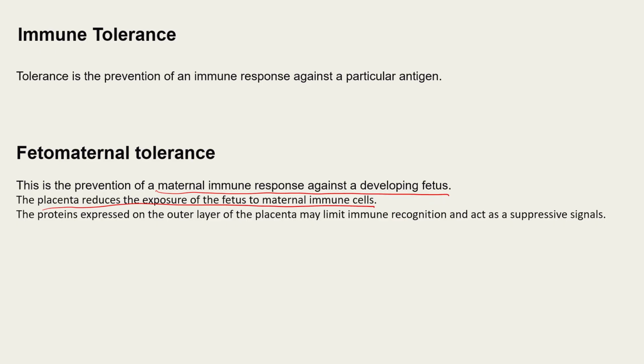Again, the proteins expressed on the outer layer of the placenta may limit recognition and act as a suppressive signal for the fetus to survive there. So what we understood here is, since the birth of a child is a synchronous process, and initially the fetus needs to survive, we really want the uterine system to be non-reactive towards the fetus.